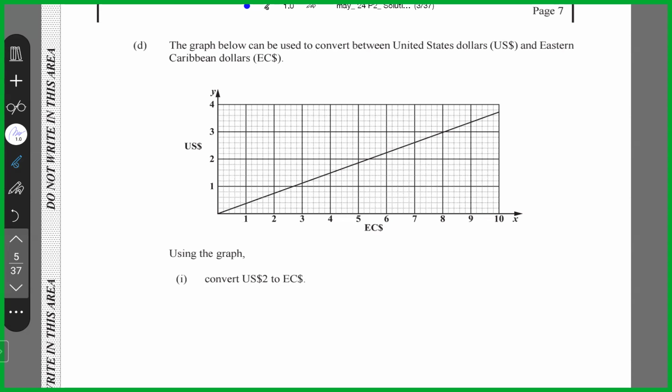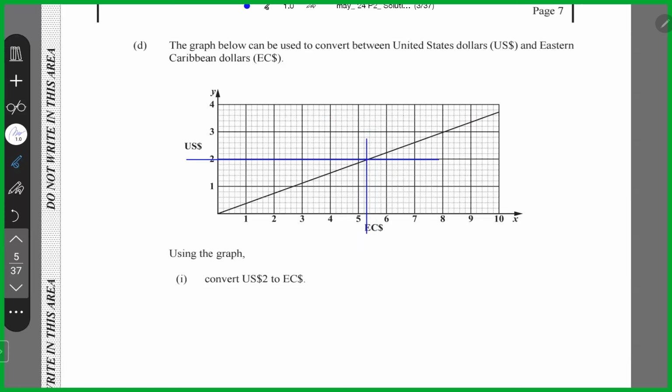Well, if I'm using the graph at US $2, I would go across, draw a straight line across. Anywhere it hit the curve, I would draw a straight line down to get the EC currency equivalent.